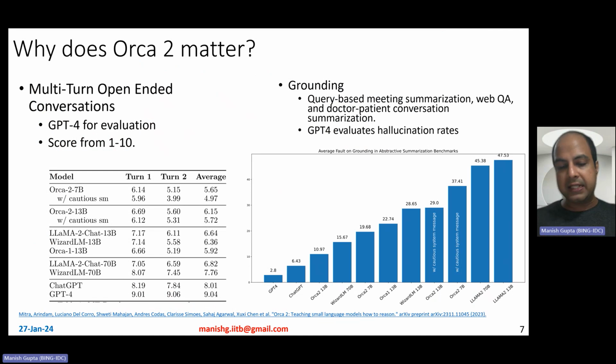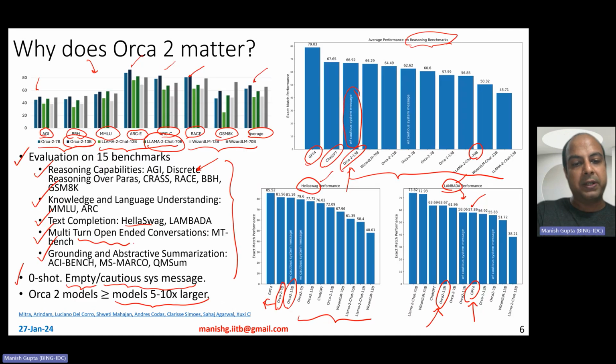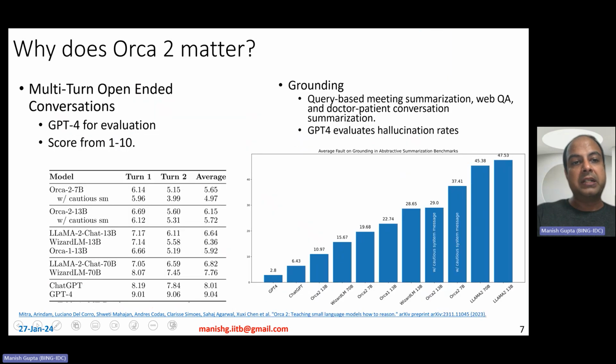Now, if you compare other tasks, specifically multi-turn open-ended conversations and grounding tasks, the results look like this. Multi-turn open-ended conversation is a two-turn task. In the first turn, the LLM is prompted using an initial message, and it responds in a dialogue style. Then the next message is put to the LLM, and it has to respond again.